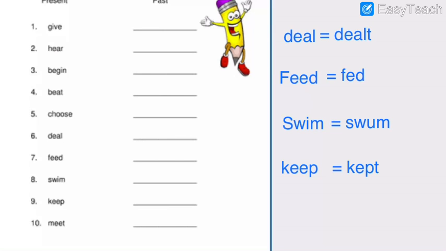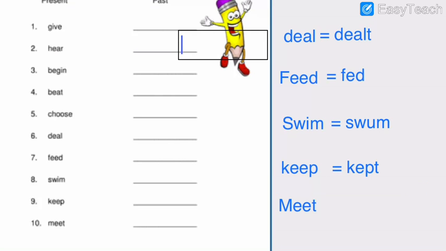Okay. And the last one is meet. Now it is not M-E-A-T meat, it is M-E-E-T meet. Let me write down the question here. M-E-E-T, meet. Now what is the correct past form of the verb meet?